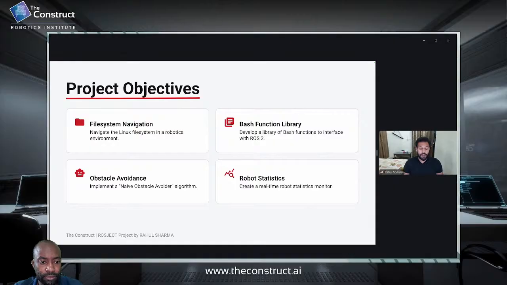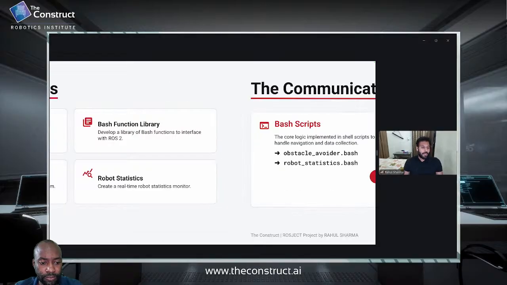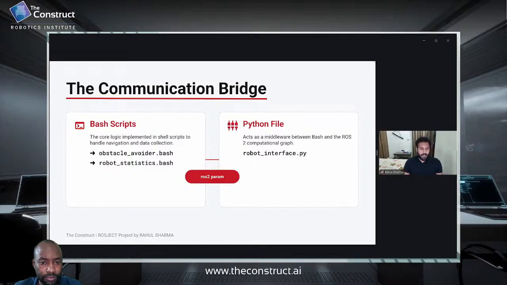In part one, it was file system navigation, and in part two, it was creating a bash function library which sets the getters and setters. And in part three, I was asked to make an obstacle avoidance script and a robot statistics script. So this is how everything will work.